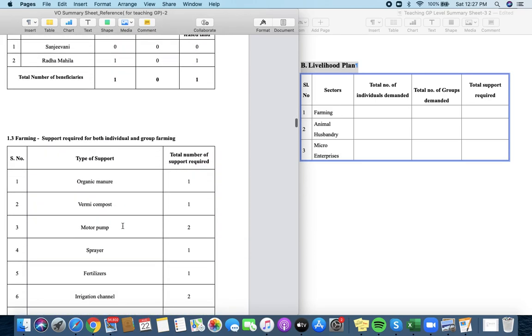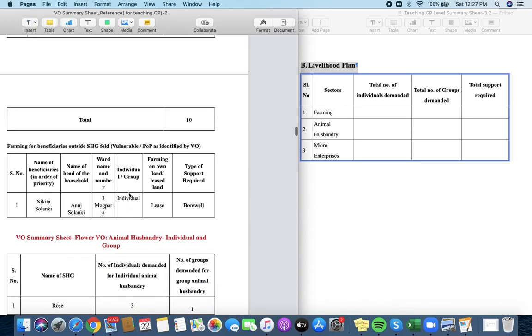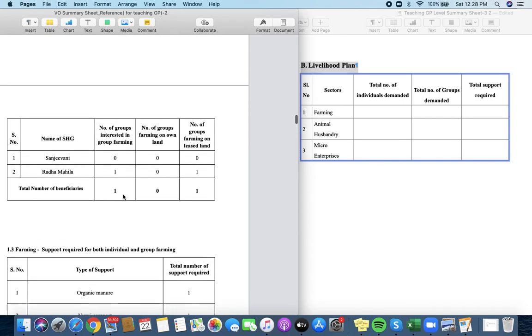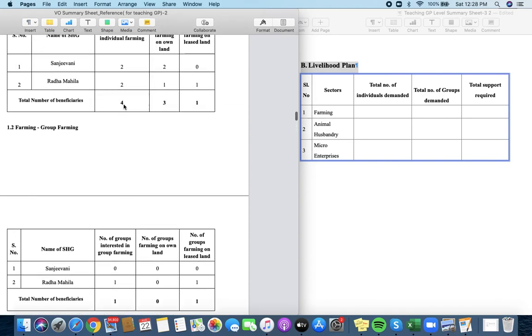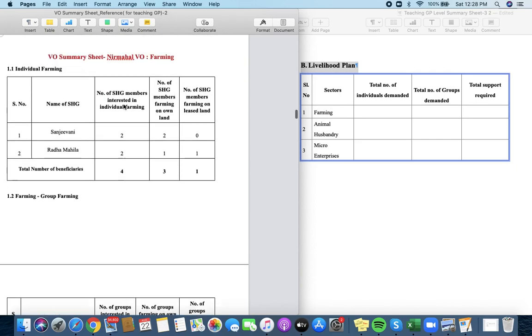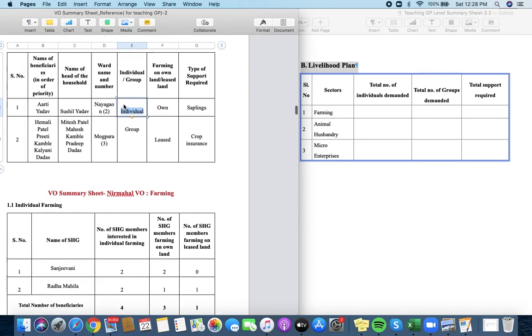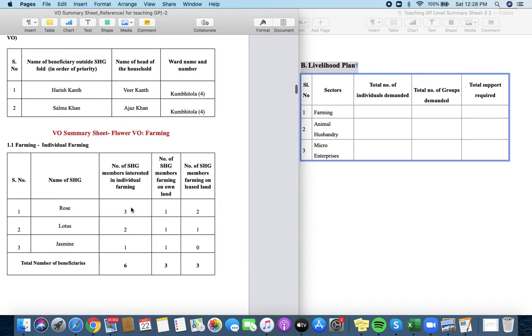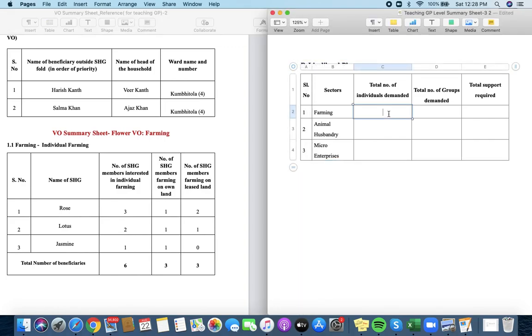And from outside SHG, 1 person is interested. So 1 plus 4, 5 plus 6, plus 6, 12. Now we will see how to fill it for groups.